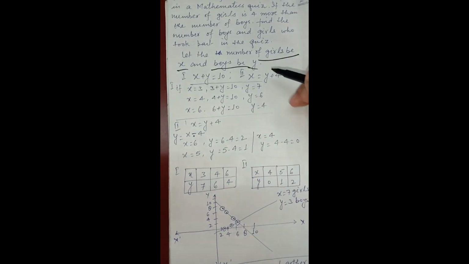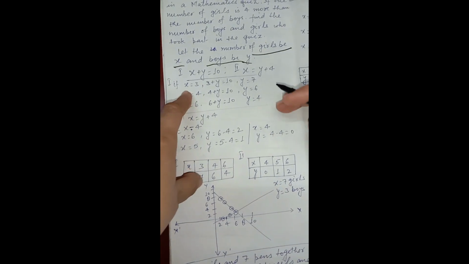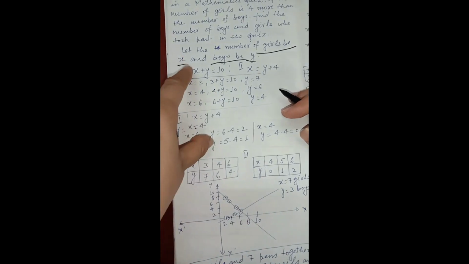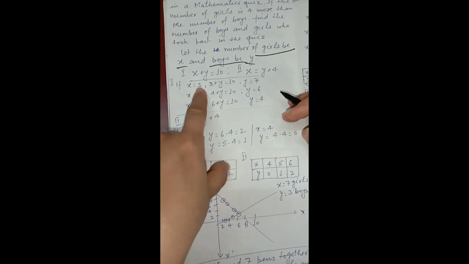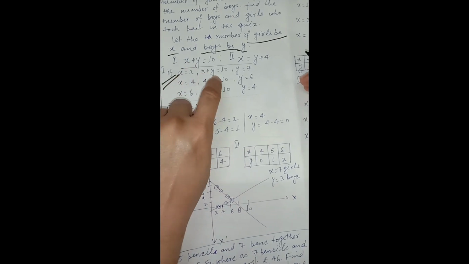Now we have to solve them graphically. So how can we solve? We'll take different values of x and we'll get different values of y from the first equation and from the second equation also. So for the first equation, if x is 3, then in place of x you write here 3. 3 plus y is 10.